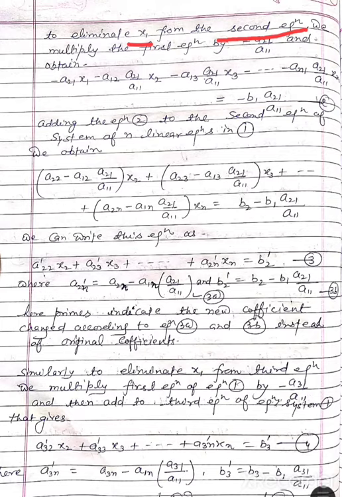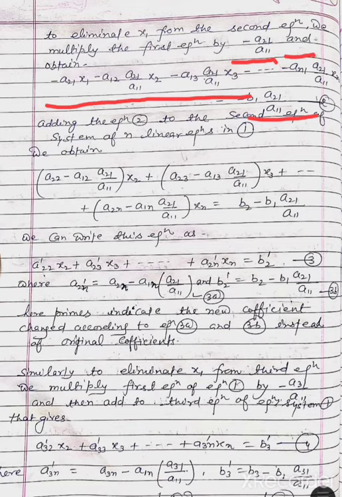First we eliminate x1 from the second equation by following this procedure: we multiply the first equation by minus a21 over a11, and we get this equation 2.